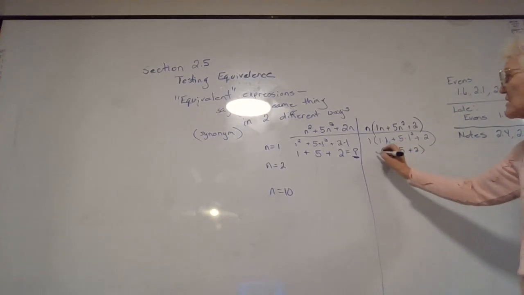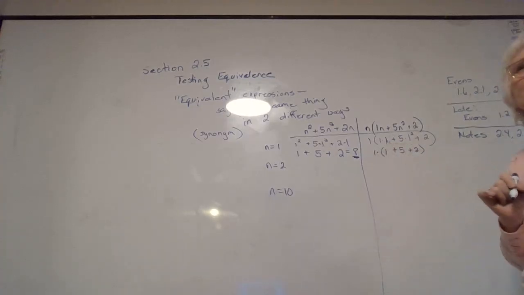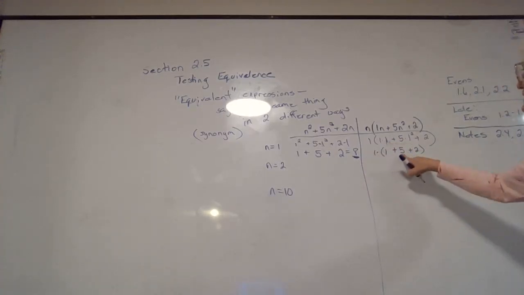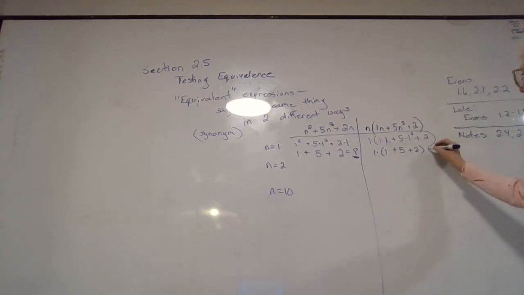I'm going to add those up and multiply it by 1. 8 times 1 is 8. They give me the same answer, don't they? Sometimes when we use 1, it will give me the same answer, so you need to check other numbers.